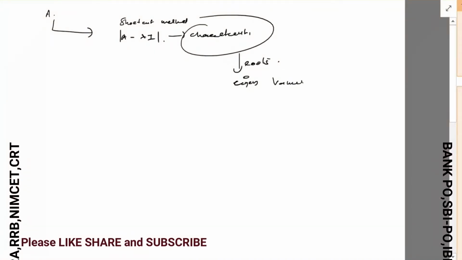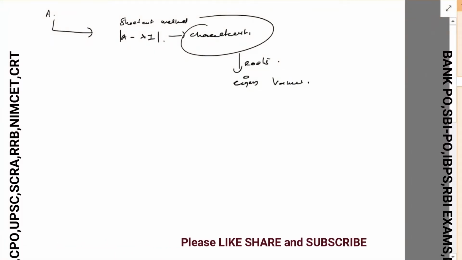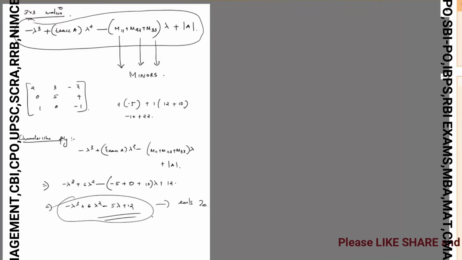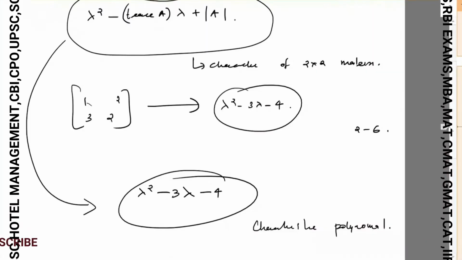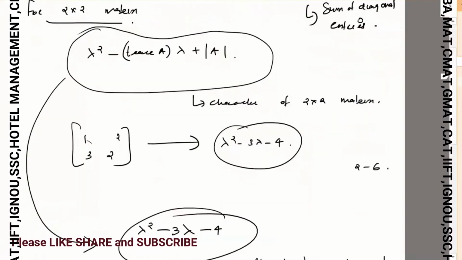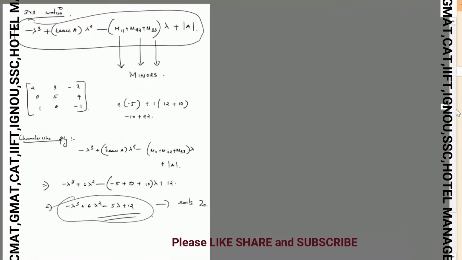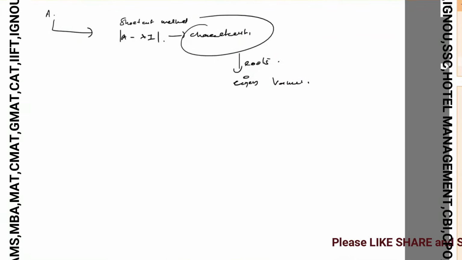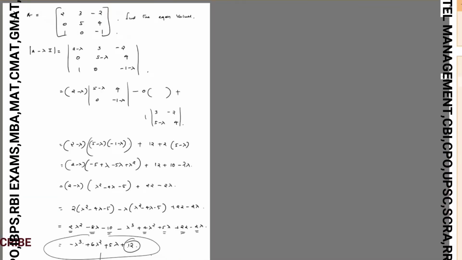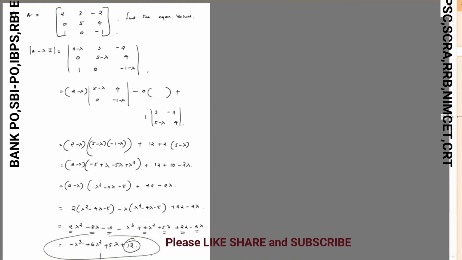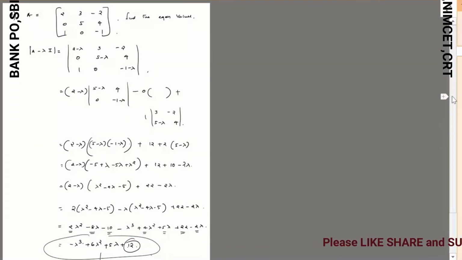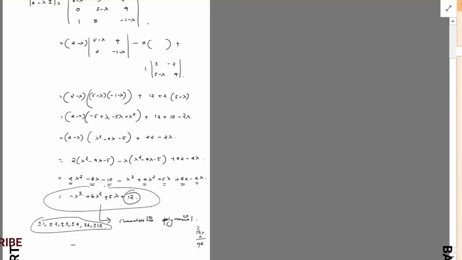Eigenvalues of the matrix. Okay, we are discussing some examples. For the last example, we got the characteristic polynomial as minus lambda cube plus 6 lambda square minus 5 lambda plus 12.